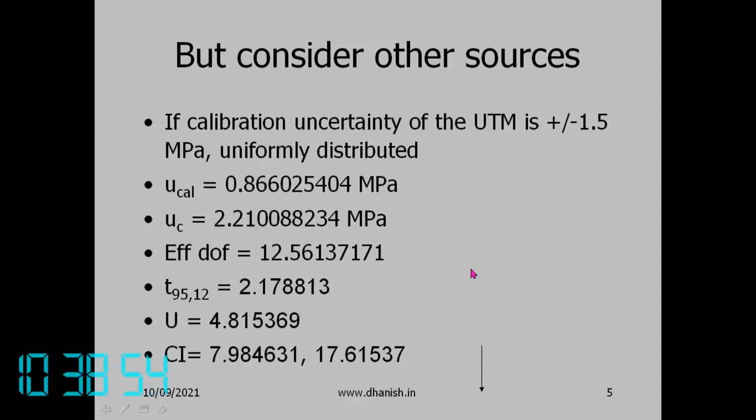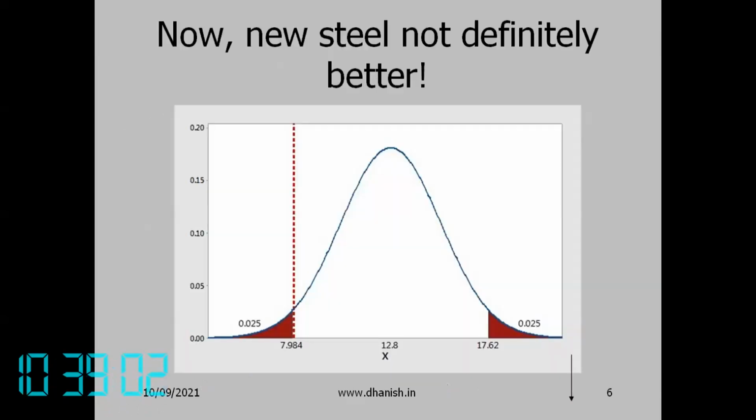So now the coverage interval goes below the standard. So now we cannot say that it is clearly above the specification. There is an uncertainty. We cannot say that the new steel is definitely better if you consider other sources of uncertainty other than repeated readings.